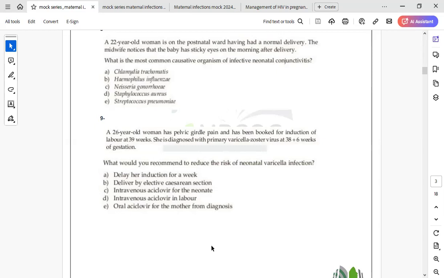But in recurrent infection, if the patient is having mild symptoms, no treatment is needed. This is the difference between primary and recurrent. And this is why also, when the patient is having primary infection in the first and second trimester, she can have a vaginal delivery.